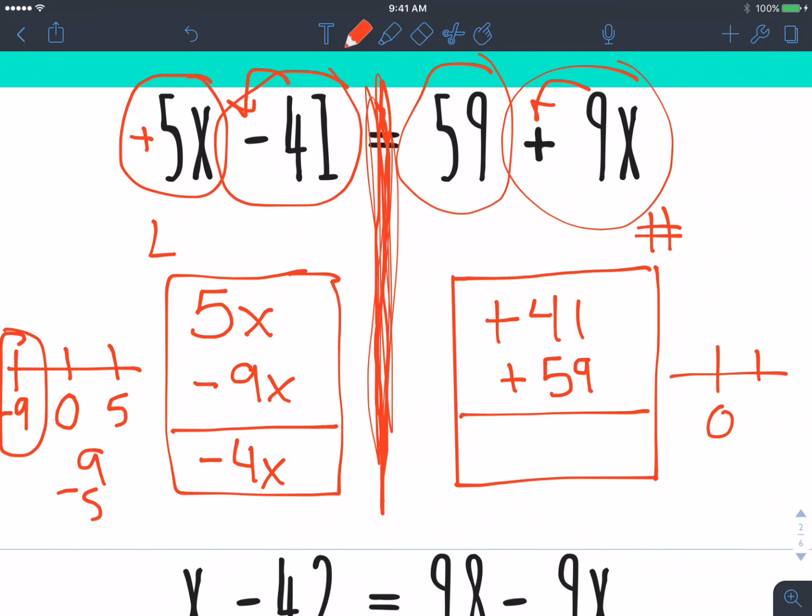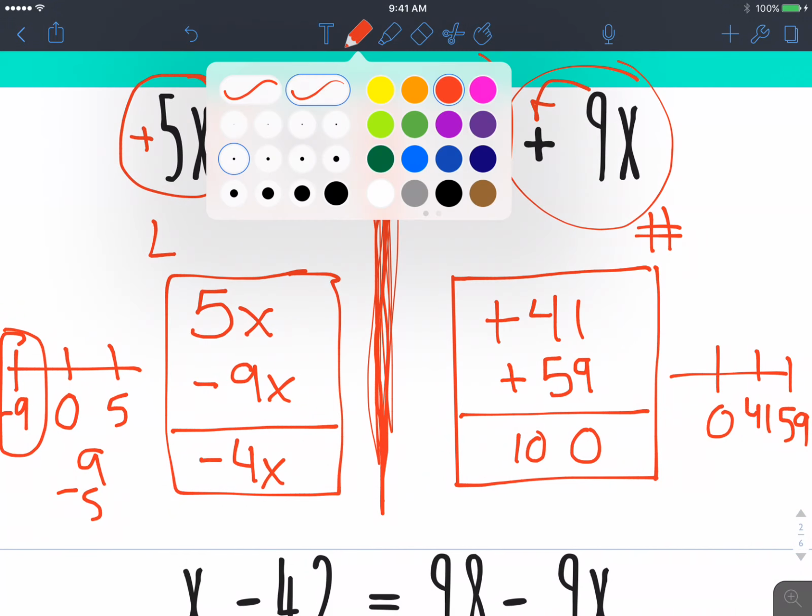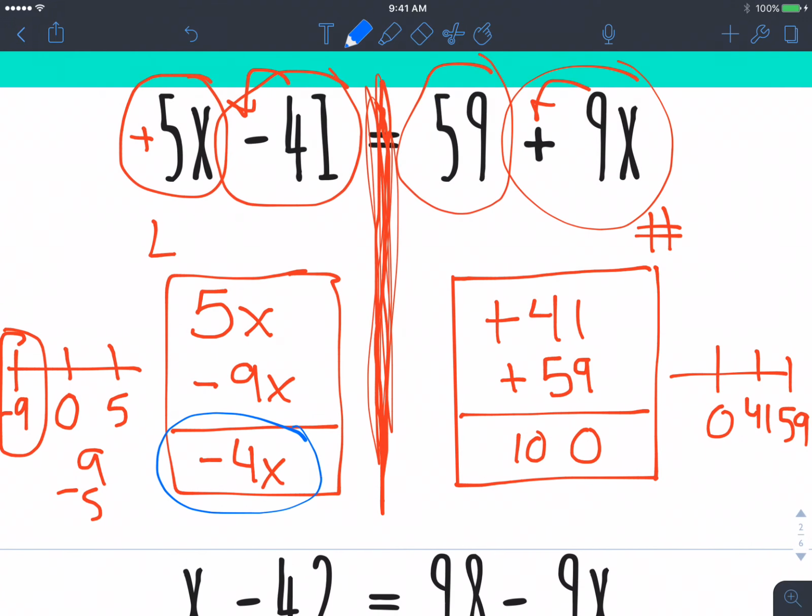And I've got a 41 and a 59. They're both on the same side of the number line of the 0, so I'm going to add those together, and I get 100. Now the last step is that I can't leave a negative 4 with this x.